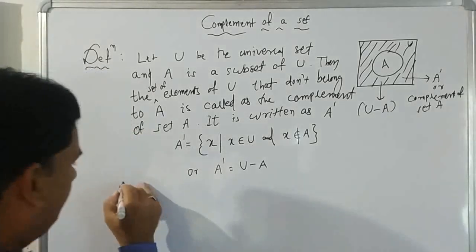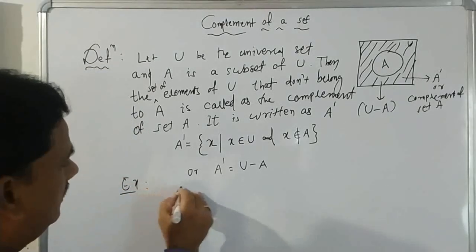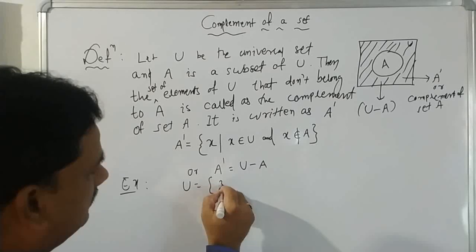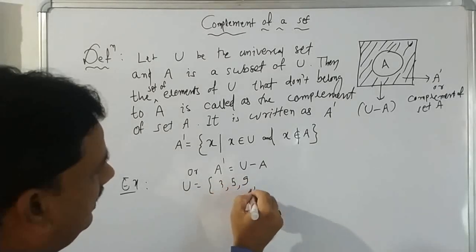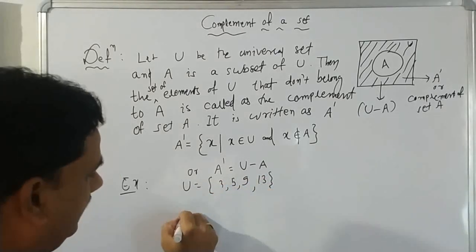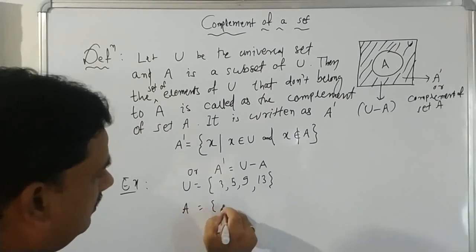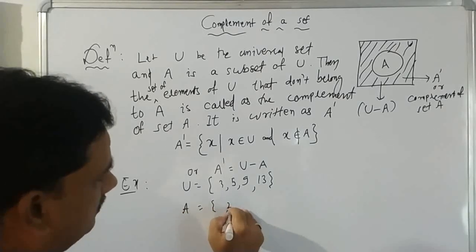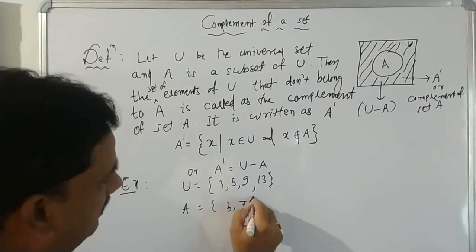For example, U is given as 3, 5, 9, 13. A is given as 3, 9.